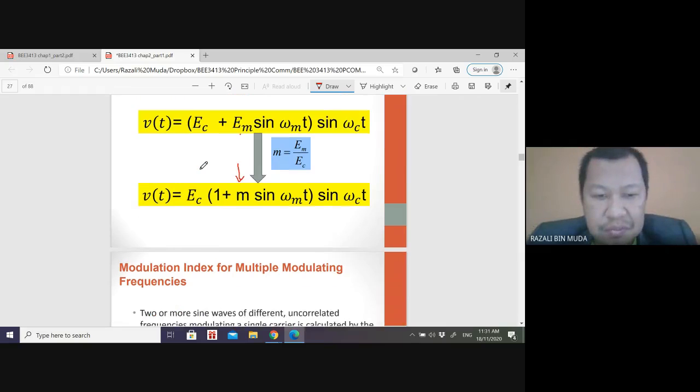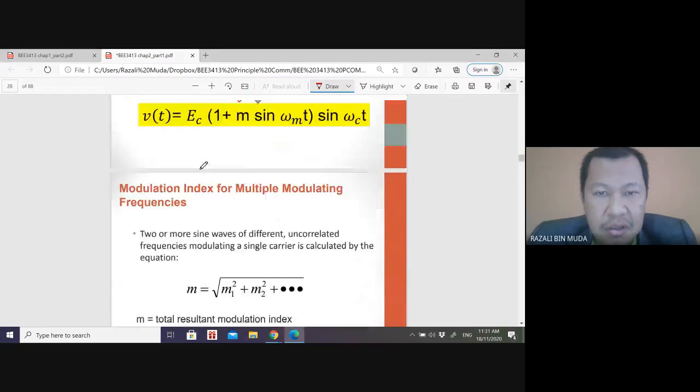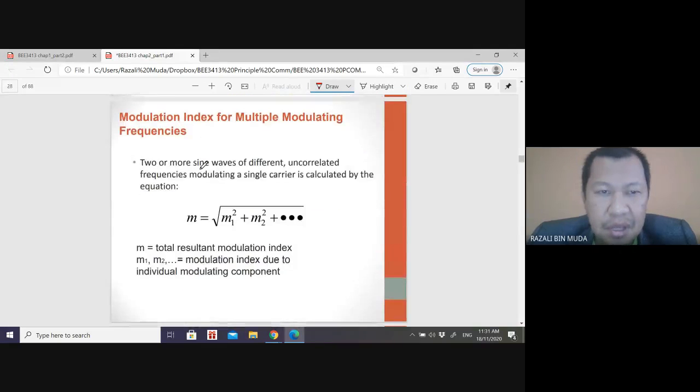So, modulation index for multiple modulating frequencies. If you have two or more sine waves of different frequencies modulating a single carrier, you have more than one modulation index.